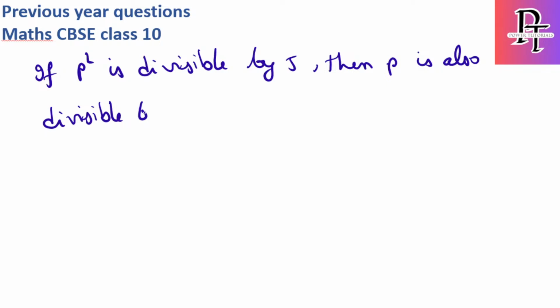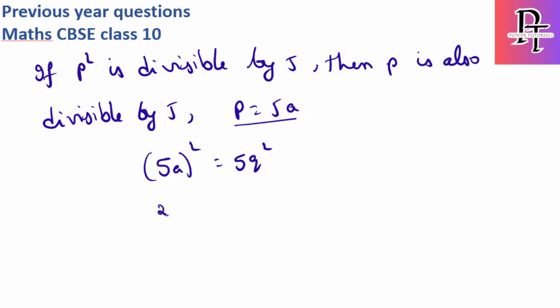Okay, now replace p as 5a. Now this becomes 5a whole square is equal to 5q square. So it becomes 25a square is equal to 5q square, or 5 I can cancel out. Q square is equal to 5a square.